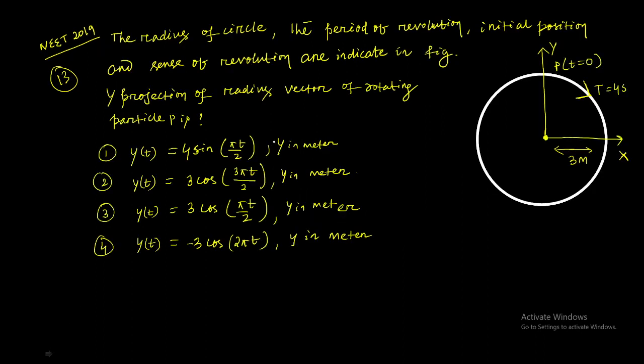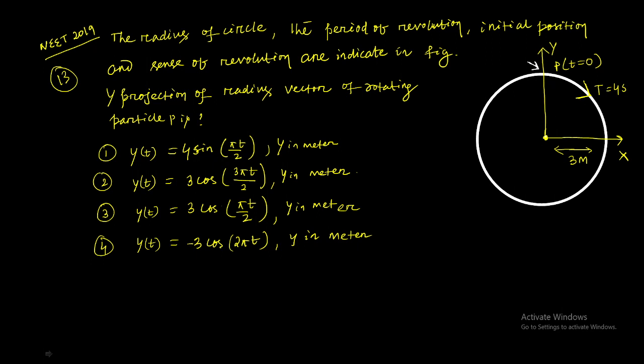Now go for question number 13. The radius of a circle, the period of revolution, initial position and sense of revolution are indicated in the figure. So this is the position for t equal to 0, right? And the time period is given as 4 seconds. The y projection of the radius vector of the rotating particle P each.